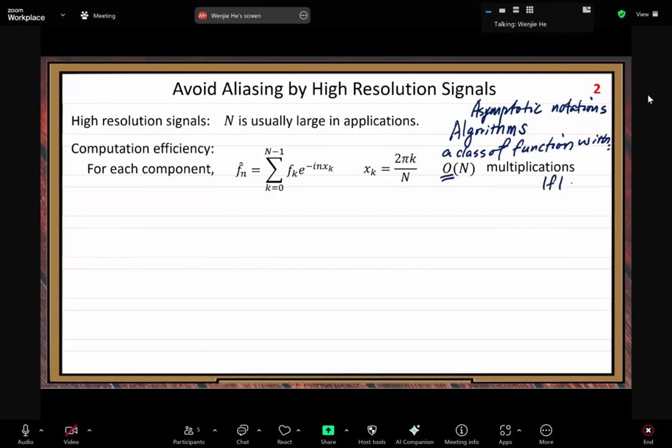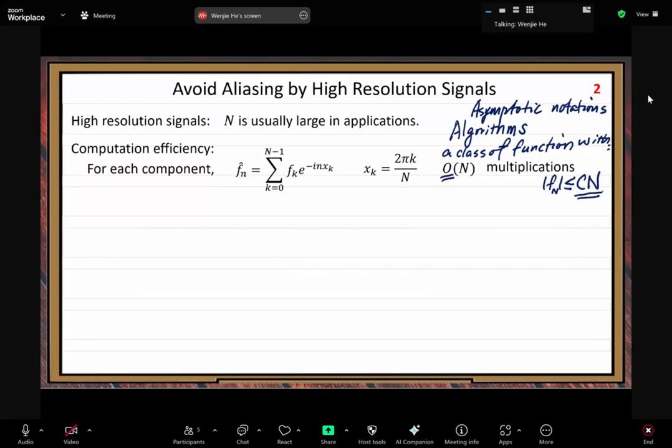When you calculate that function, which is related to the data size n, it can be bounded by some constant c times capital N.